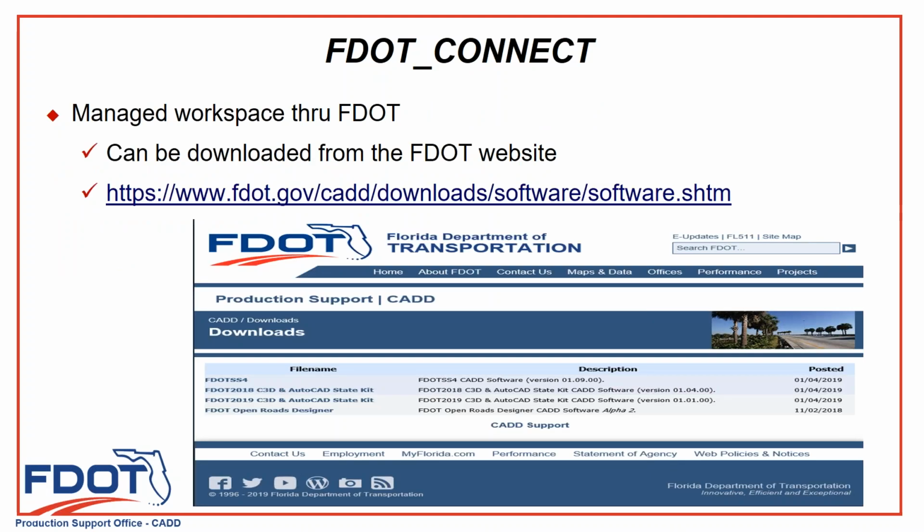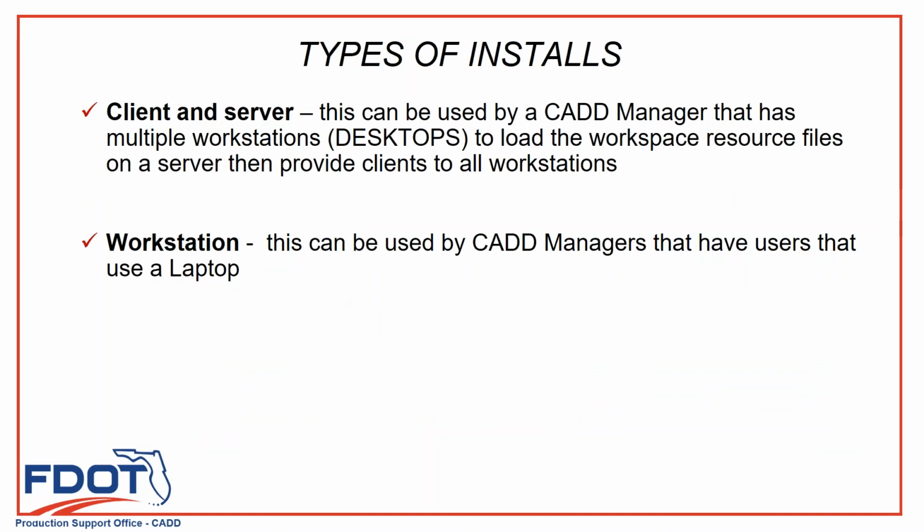So we manage our workspace through the FDOT website, where it can be downloaded. We have our alpha release, or alpha 2, that we released in November of 2018. I'll have Bob or Chris add in if I miss anything. The 2 types of installs that we have are client and server.